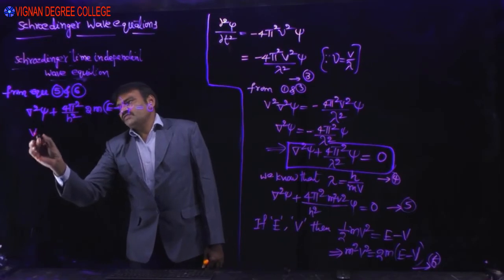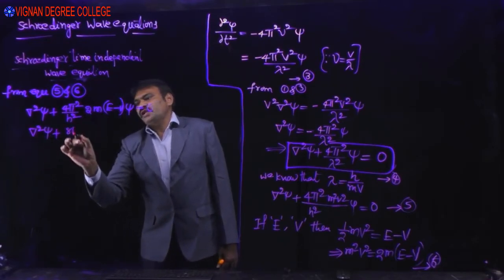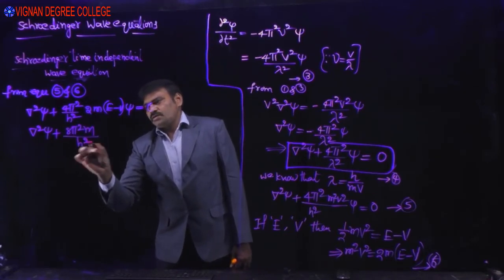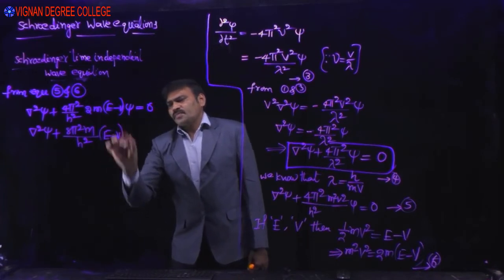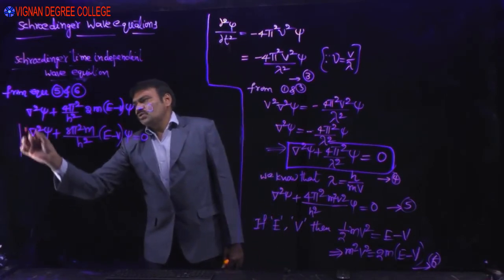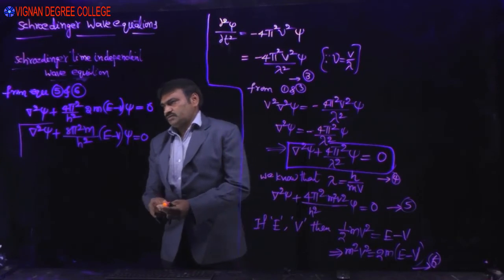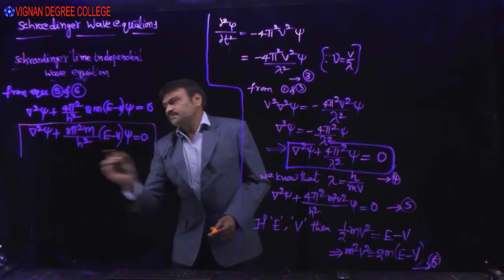So del square psi plus 8 pi square m by h square into E minus V of psi is equal to 0. This is the Schrodinger time independent wave equation.